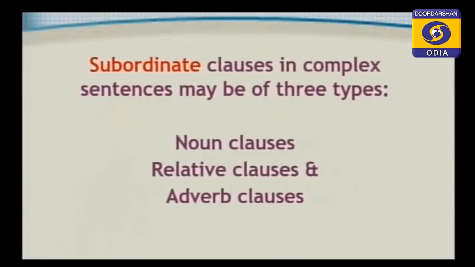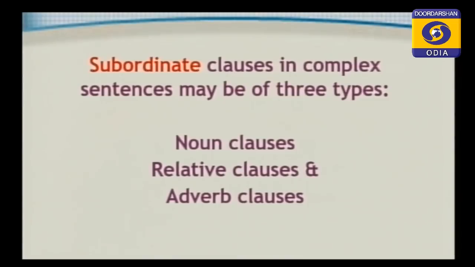So students, as you see, based on clauses, sentences may be of three types: simple, compound, and complex sentences. In a complex sentence, we find one main clause and one or more subordinate clauses.